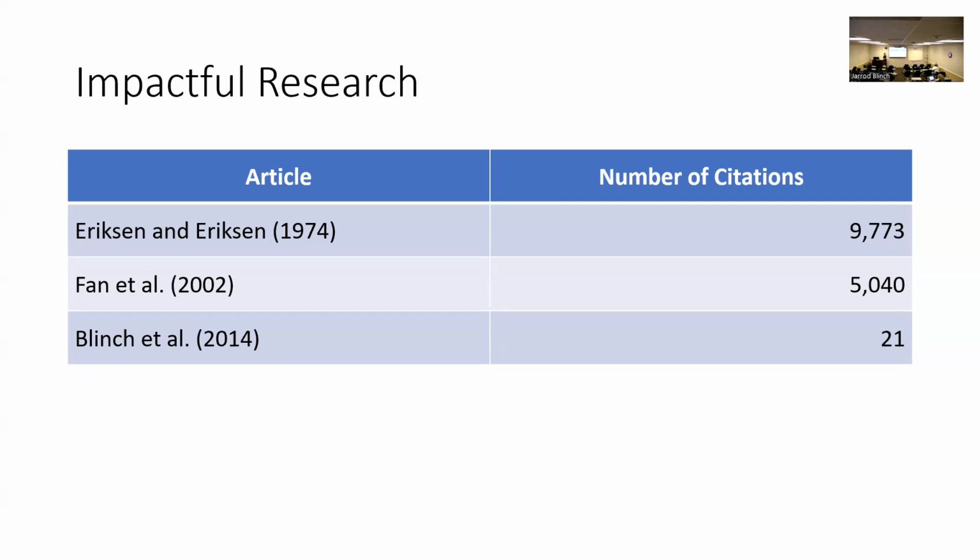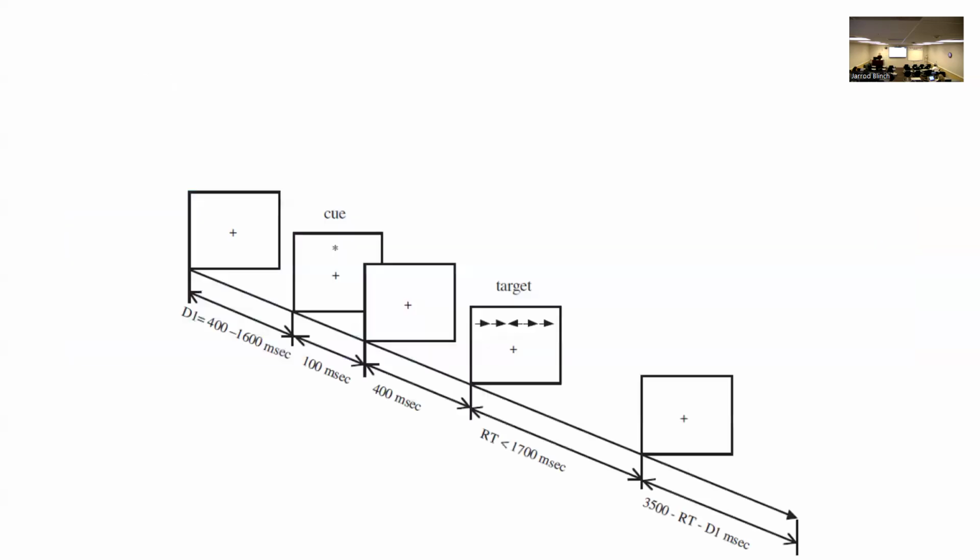So they've got 5,000 citations. And just to show you what normal citations you might get, and this isn't even fair because this is my article with my highest citation, 21 is something I'm actually very impressed with. But it's nowhere near the impact of these legendary studies.